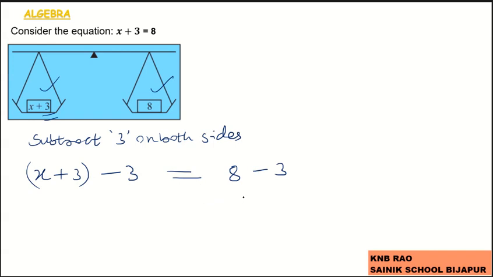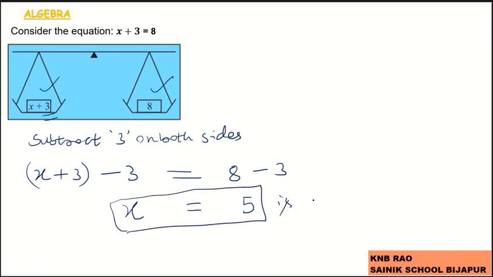Now 8 minus 3 results in 5, and in x plus 3 minus 3, the plus 3 minus 3 goes away and we get the variable x alone. Thus variable x equals 5 is the solution of the given equation.